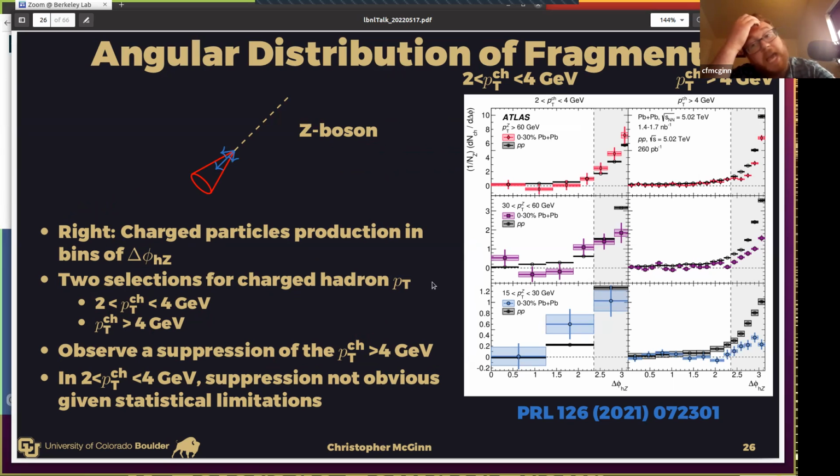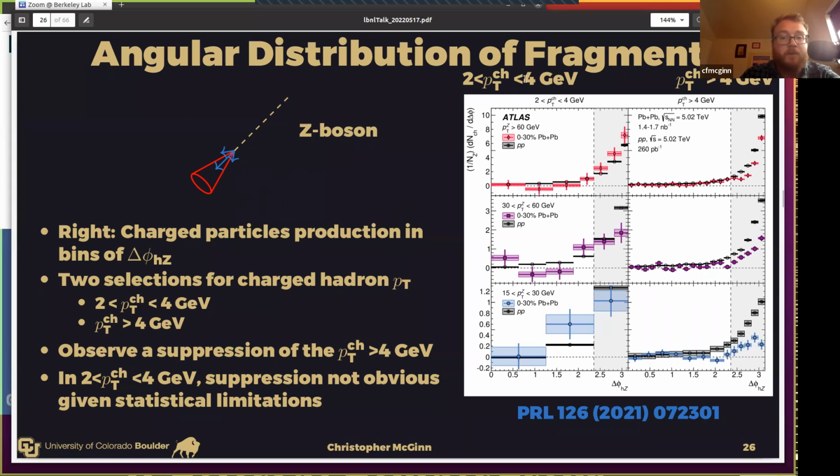The first is the angular correlation, the delta phi hZ. So this is if I have my Z boson, if you follow my cursor, and I look at the charged hadrons opposite it. Delta phi hZ is this angle in azimuth, if you can imagine my cursor subtending an angle. And when we look at this, we can look at it in two pT charge selections.